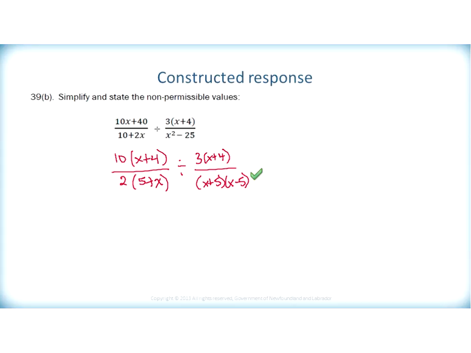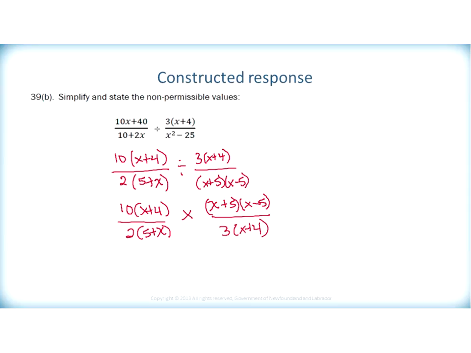Yet, we are going to multiply by the reciprocal, so we still have 10 x plus 4 over 2, 5 plus x, but we're going to multiply by the reciprocal. So we have x plus 5, x subtract 5, over 3 outside of x plus 4.